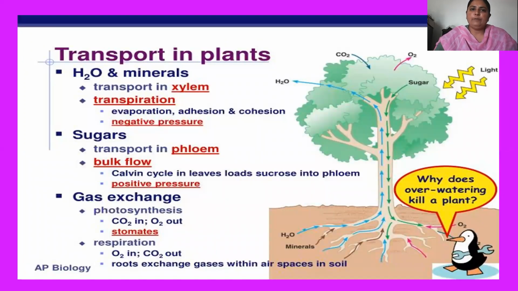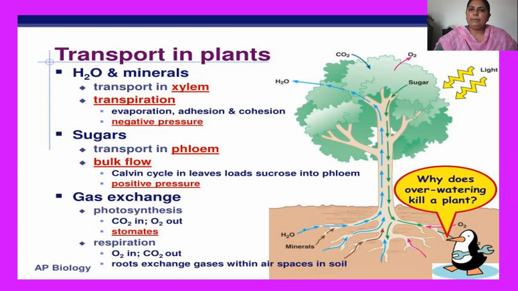Now I want to tell you a few points about transport in plants. What kinds of substances are generally transported in plants? First is water and minerals. The roots of the plant collect water and minerals from the soil on the basis of a concentration gradient that develops in the cells of the roots.